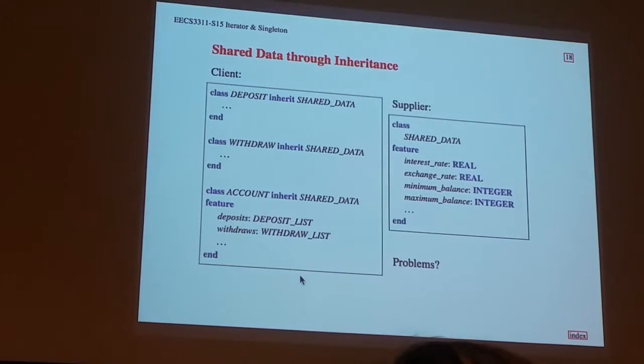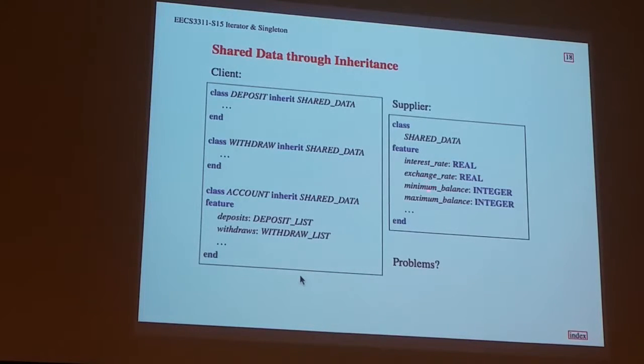That's a good point. Let's say the shared data includes all the possibilities, all the data that you might ever need for the bank application. I think that's a very good question. That leads to one of my comments about this design. Let's say this shared data contains a huge list of attributes, or a huge list of integers or constants, etc. Somehow, let's say for the deposit, you don't care about the exchange rate and interest rate.